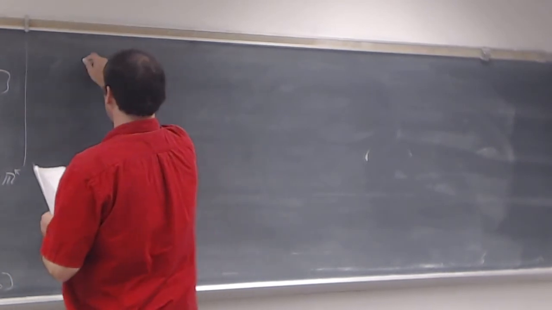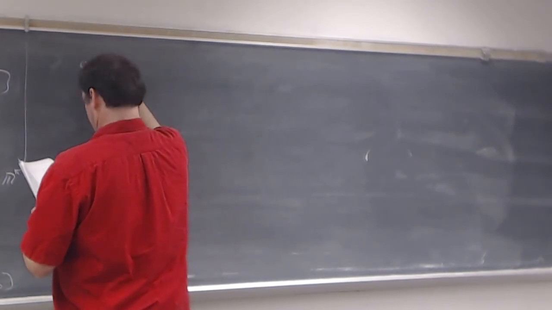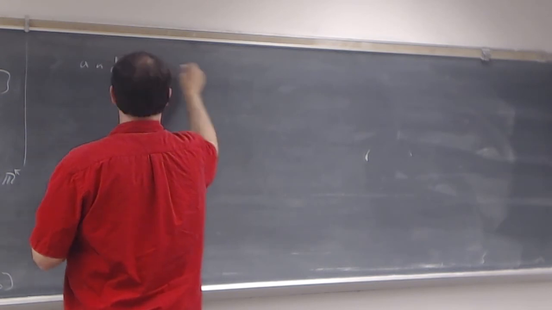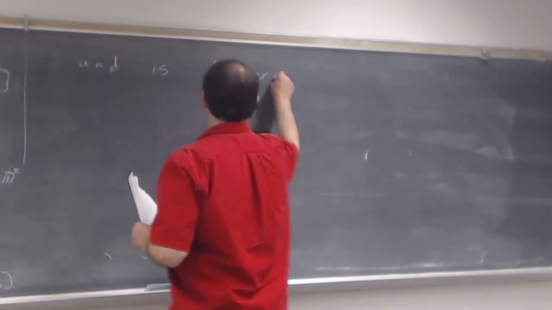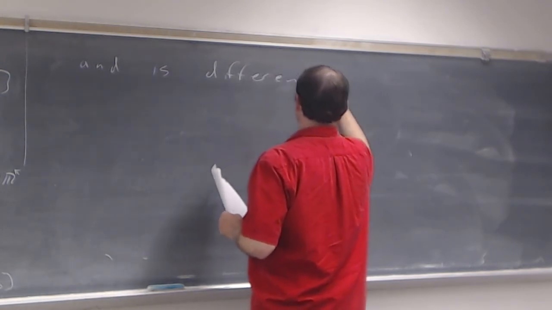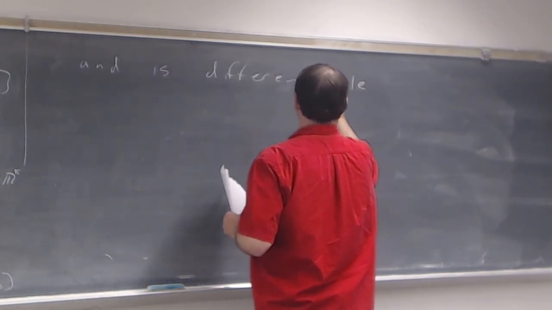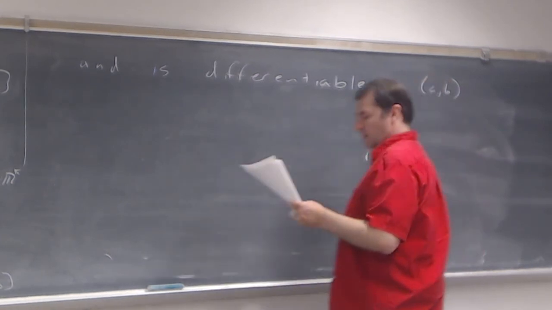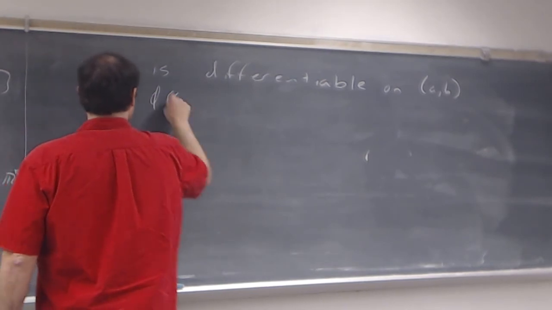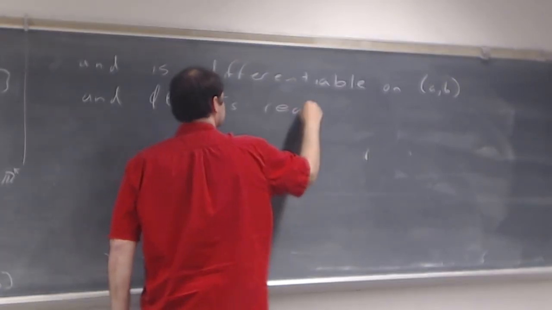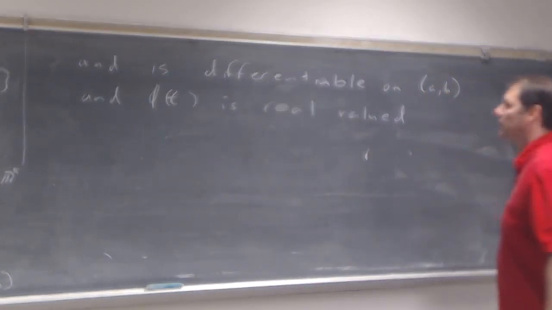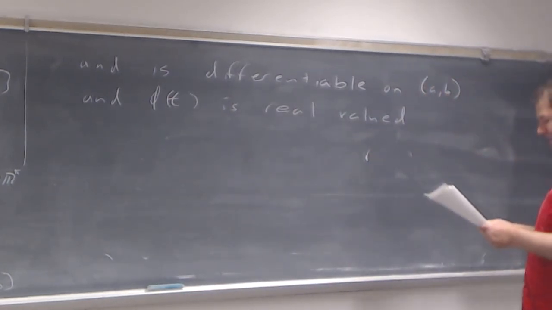So phi of t is continuous on the closed interval from a to b, and is differentiable on the open interval from a to b, and phi of t is real valued. So we can apply the mean value theorem to phi of t.